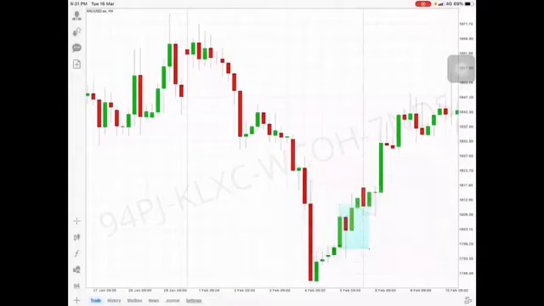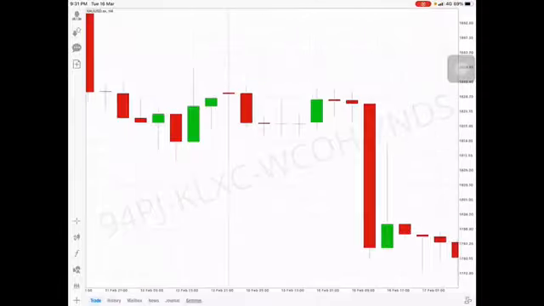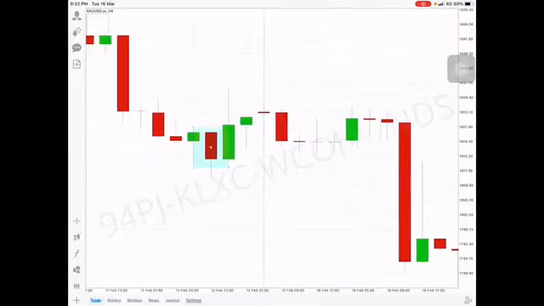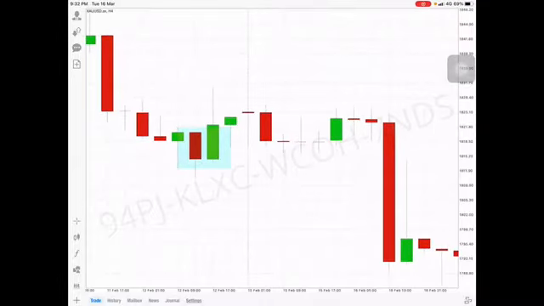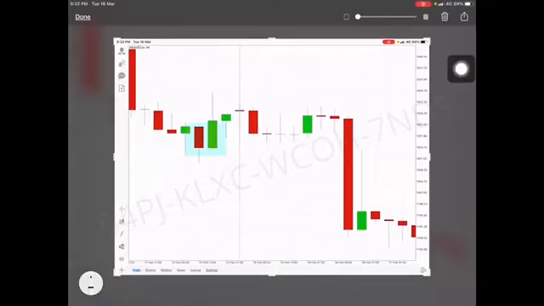All right. For example, look at this one. Look what happened to it. This is another engulfing sell, right? So what are we looking for at this zone, sell or buy? Sell.